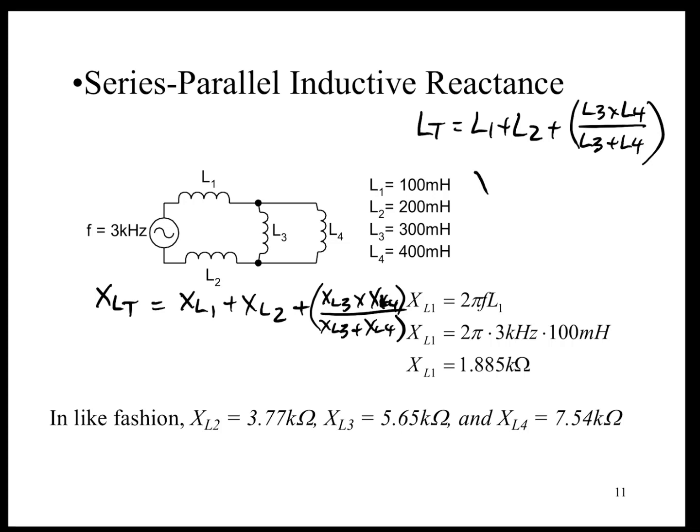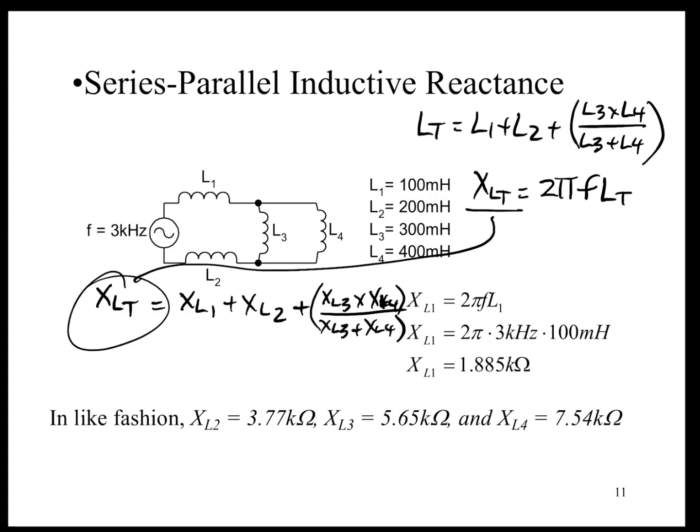Once you had your L total value, then XL total would simply equal 2 pi f L total, which would give you the same result as what we had here. So that's how you work with inductive reactance. It's a form of opposition, so series opposition is series opposition, and parallel opposition is parallel opposition.